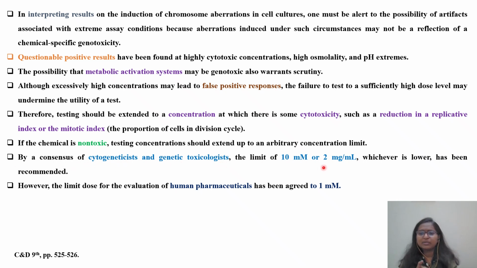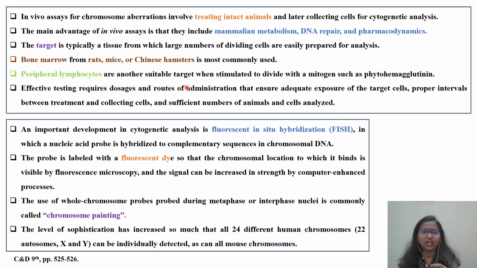The limit which has been recommended is 10 millimolar or 2 mg per ml, whichever is lower. However, what is the limit dose for the evaluation of human pharmaceuticals? 1 millimolar. For chemicals, it is 10 millimolar or 2 mg per ml, but for pharmaceuticals, they have given it as 1 millimolar. Okay, so you have to select a cytotoxic concentration, but it should not be too cytotoxic either, where it gives the wrong type of results.